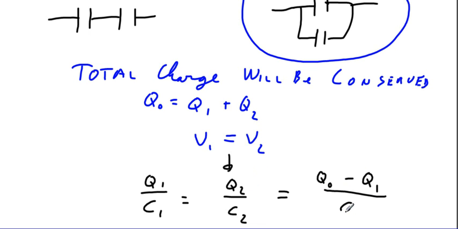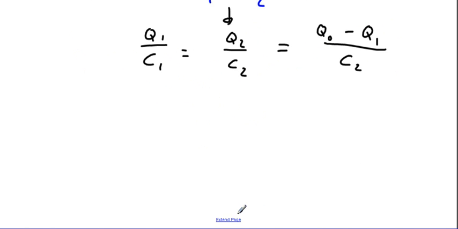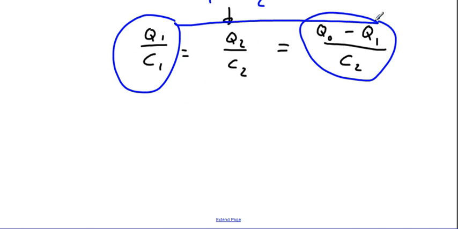That's going to have to be equal to Q2 over C2 as well. So those are all correct, and then I can solve for Q1. I'm going to take that equal to this and solve for Q1, and say Q1 is equal to Q0 C1 divided by C1 plus C2.